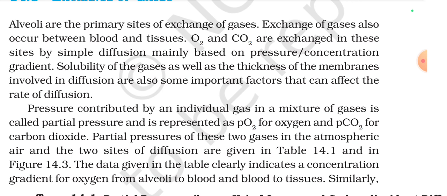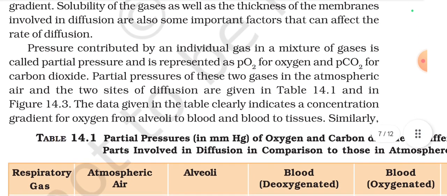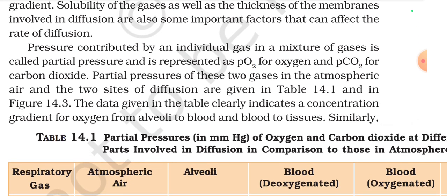Next para is partial pressure. Pressure contributed by an individual gas in a mixture of gases is called partial pressure and is represented as PO2 for oxygen and PCO2 for carbon dioxide. Partial pressure of these two gases in the atmospheric air and the two sites of diffusion are given in table and in figure.